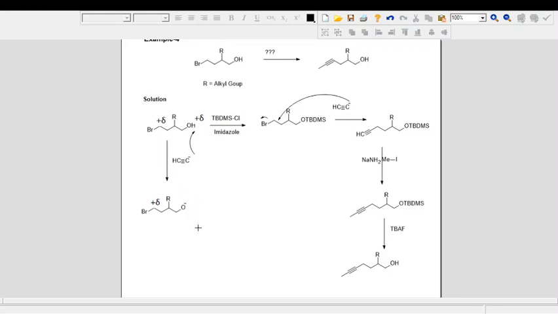So we will get this negatively charged ion. Now this negatively charged ion will attack this carbon atom, the carbon atom of the alkyl halide, that is also electron deficient here, with the removal of this Br negative ion.